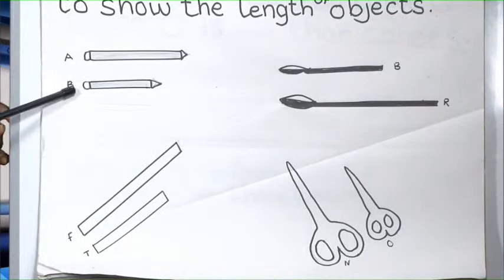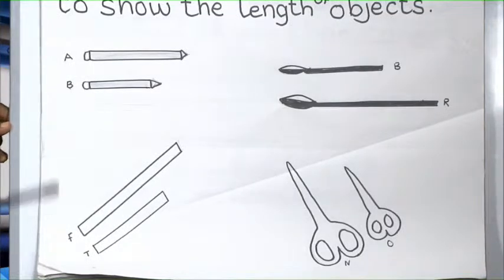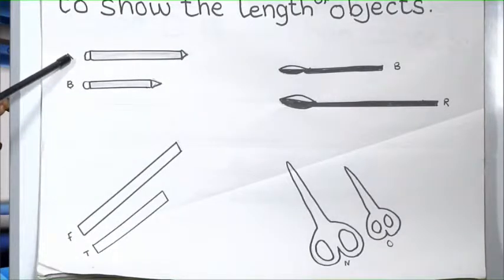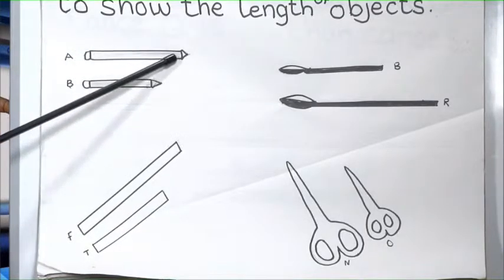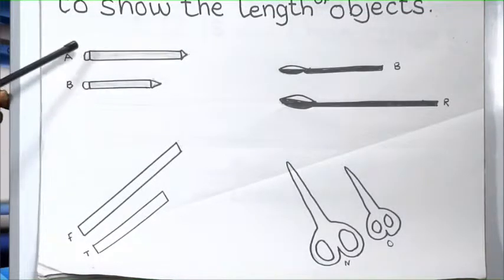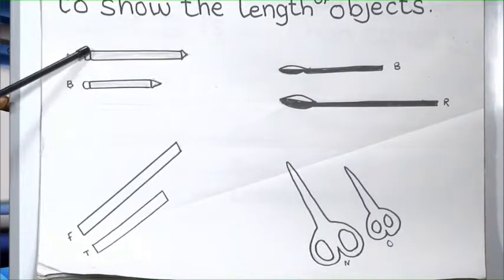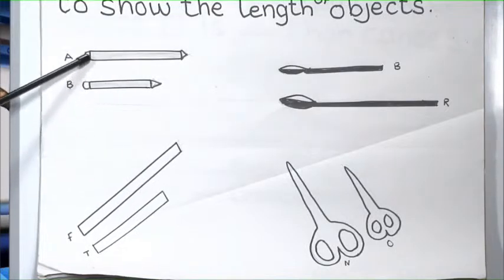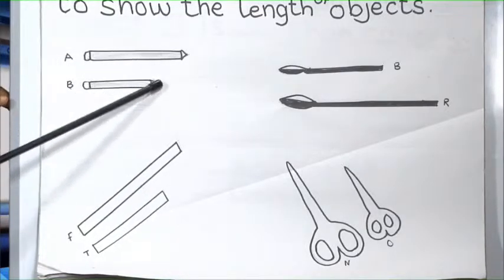Who will do that for me? Yes, the boy at the back there. Good. Pencil A is longer than pencil B. So you see that.